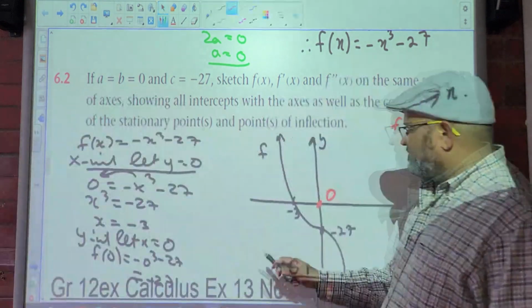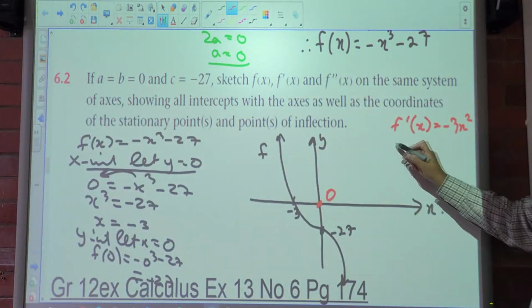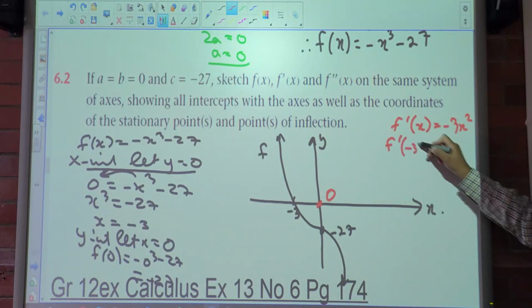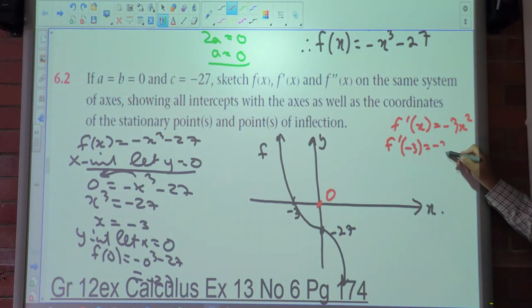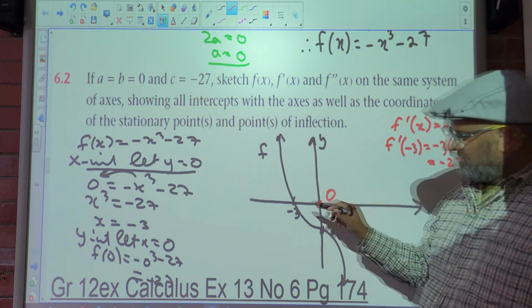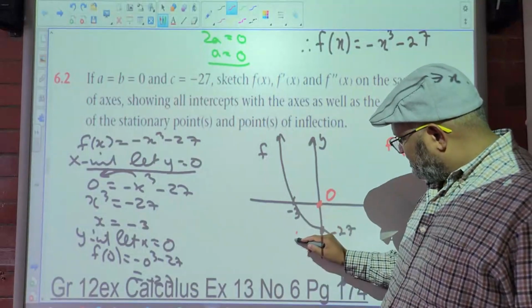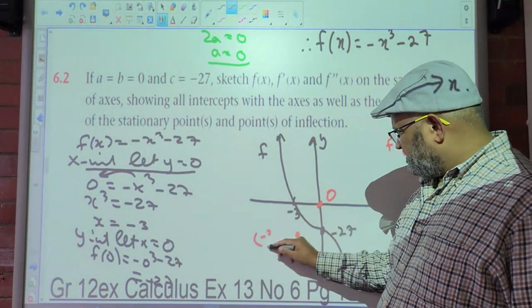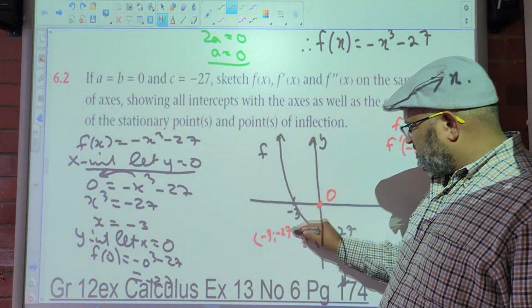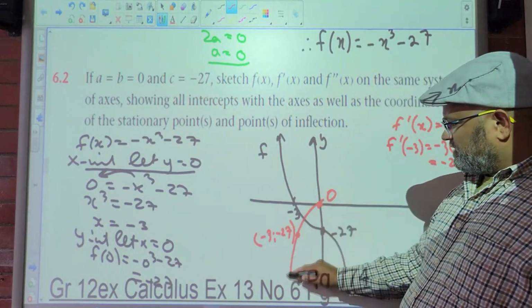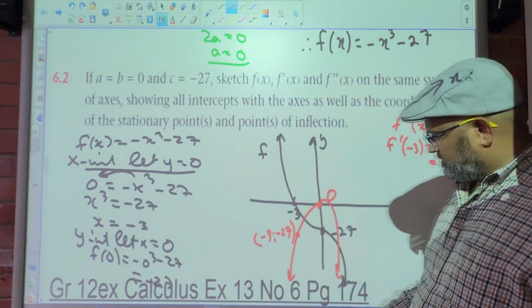It's supposed to have gone with negative 3, that's why I plotted it there. So what's f prime of negative 3? It's going to give you negative 3 times negative 3 squared, which is negative 27. Yeah, thank you. I plotted the wrong point. I calculated it wrong.